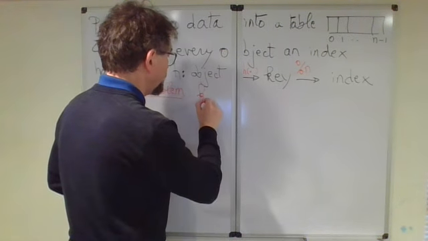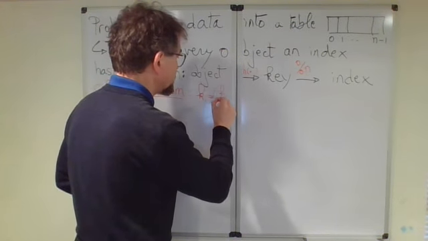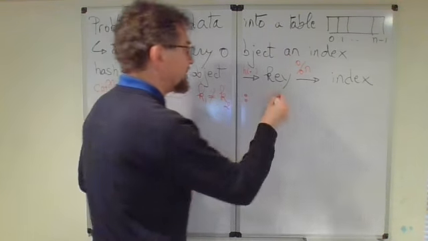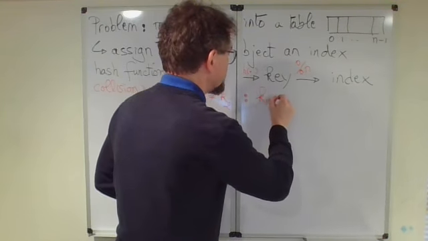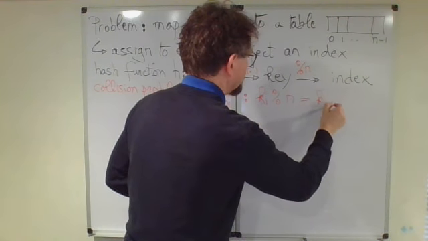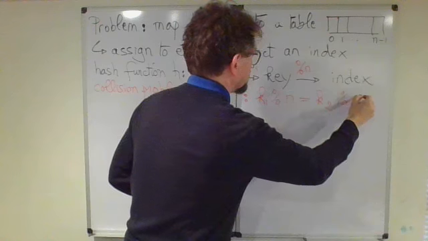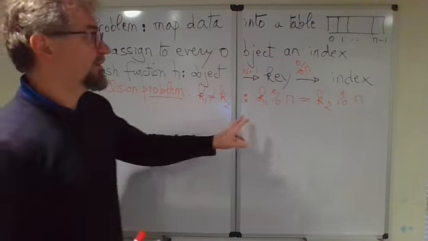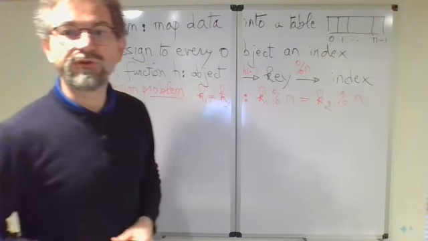So we have 2 different keys, but we have the same index, implying that they will end up at the same position at the table.